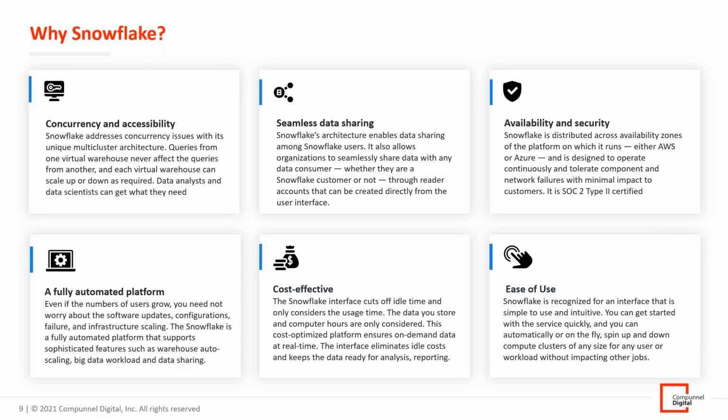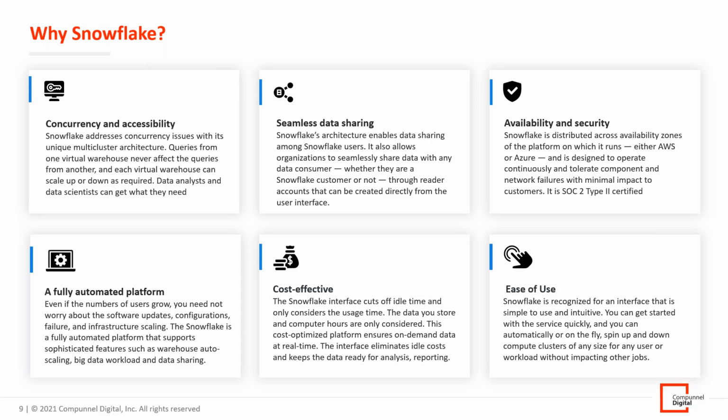It's even supporting Google Cloud in recent times. It is designed to operate continuously and tolerate component and network failures with minimal impact to the customers. That means high availability is available here, and security features are also one more advantage here. There are tight security features available here.